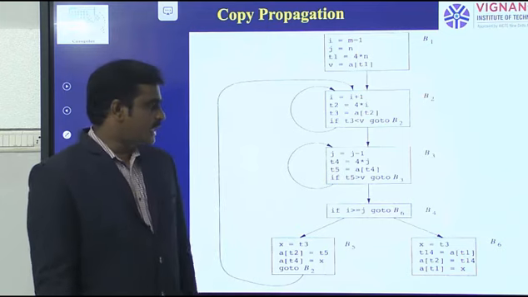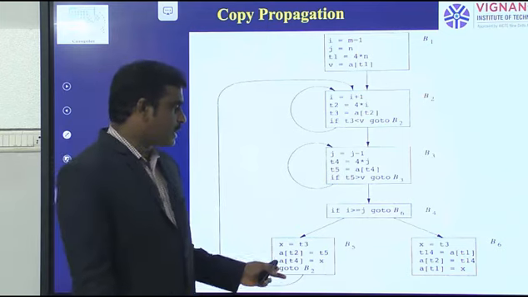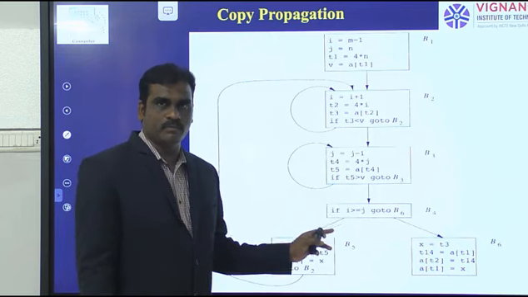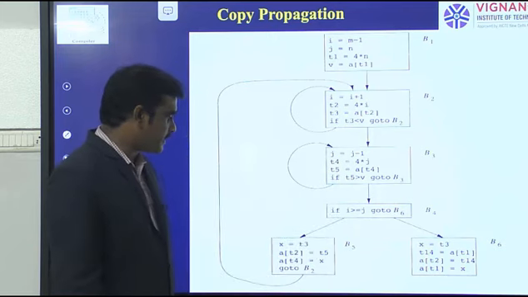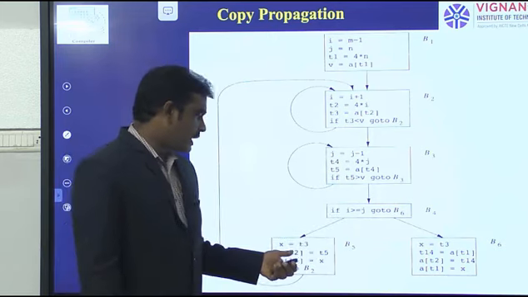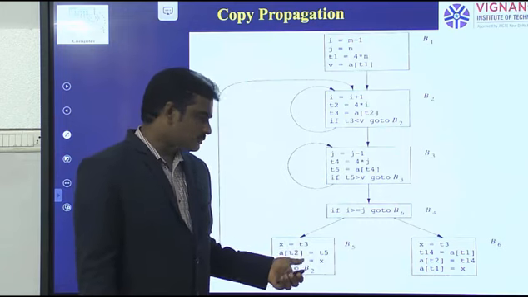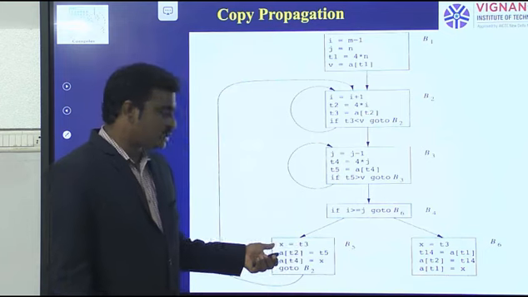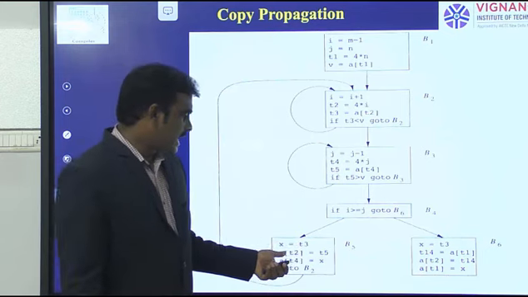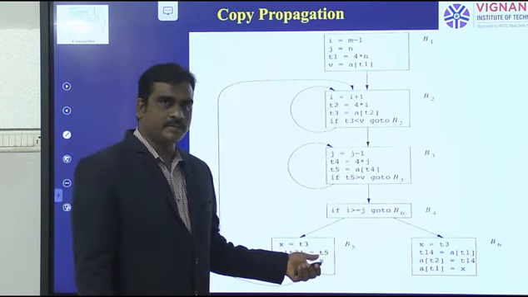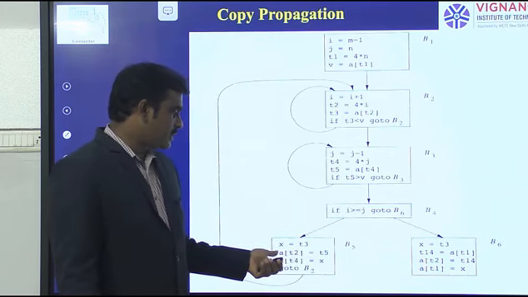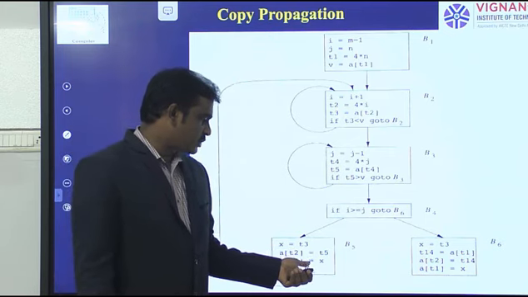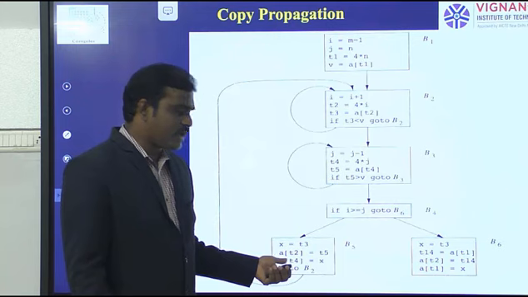And the second point is copy propagation. Copy propagation means, suppose you observe block 5. In this case, T3 is assigned to X and then T5 is assigned to A of T2. Next one, X is assigned to A of T4.